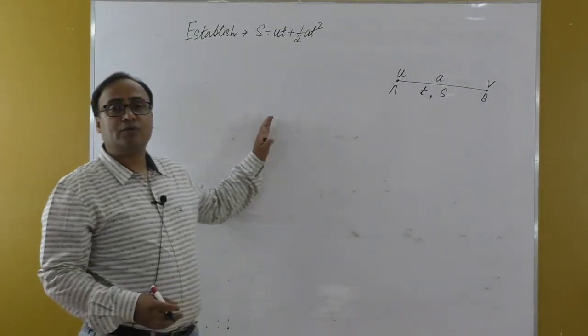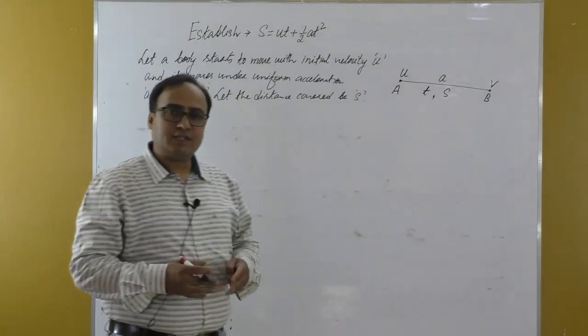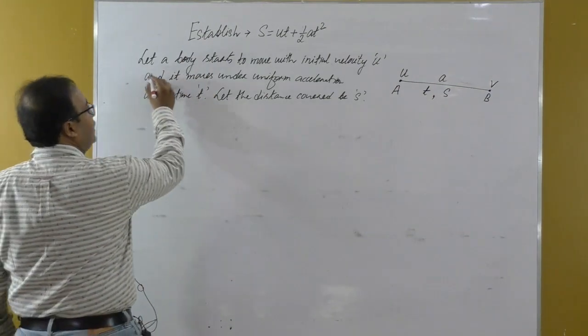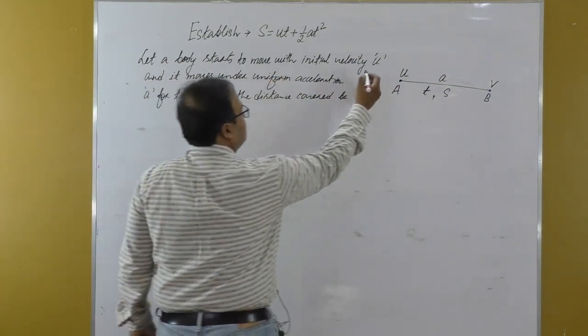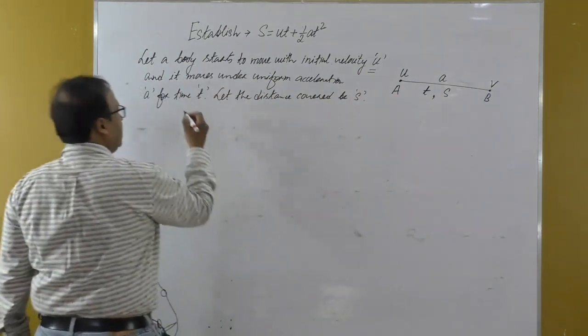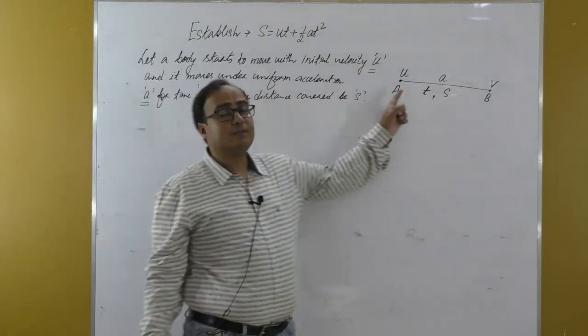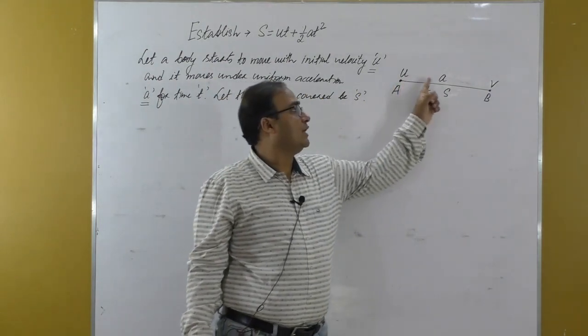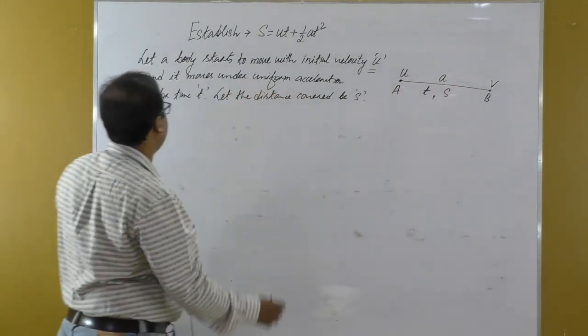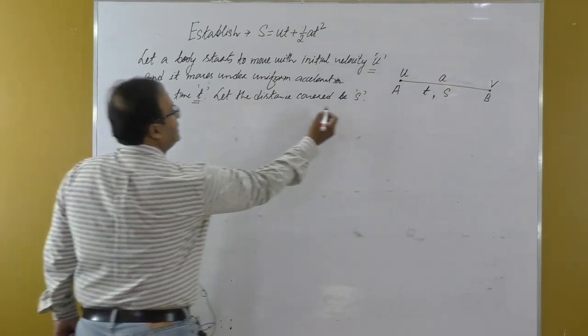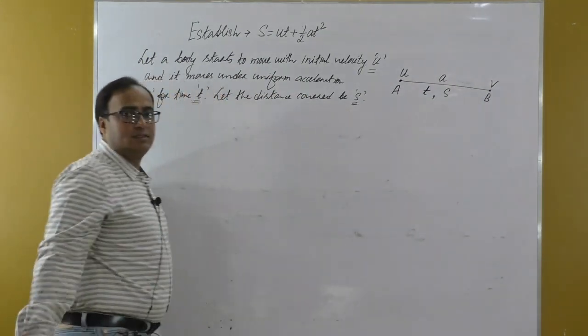So first you have to note down the starting statement, and the statement is, let a body start to move with initial velocity u and it moves under uniform acceleration a for time t. Let the distance covered be s.